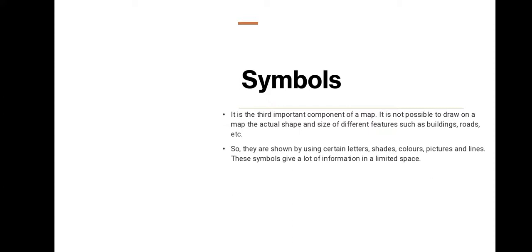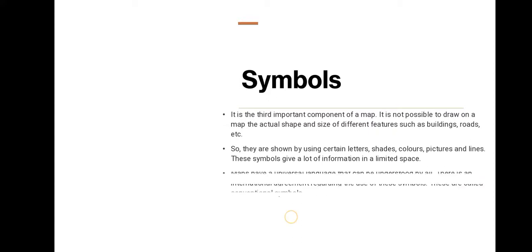These symbols give a lot of information in a limited space. Maps have a universal language that can be understood by all. There is an international agreement regarding the use of symbols. These are called conventional symbols.